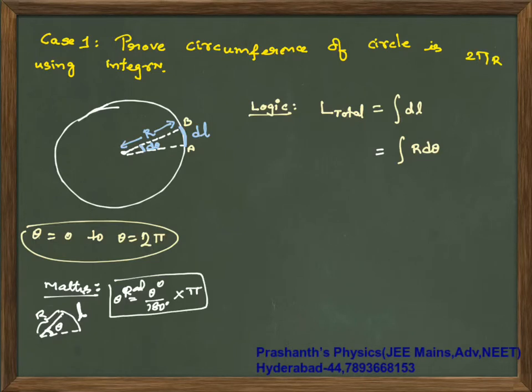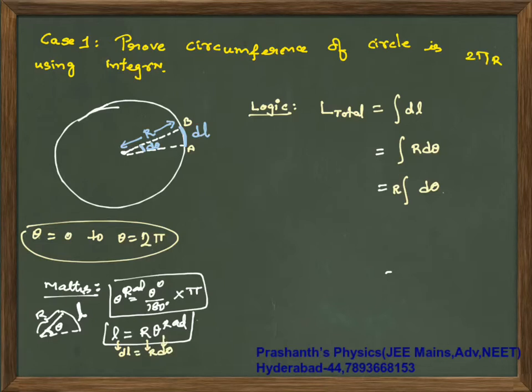So according to that, L is equal to r times theta in radians. Your length of arc is given by r times theta in radians. So according to that logic, r is constant, you can take it out of the integral, and your small length dl is r times small angle d theta.